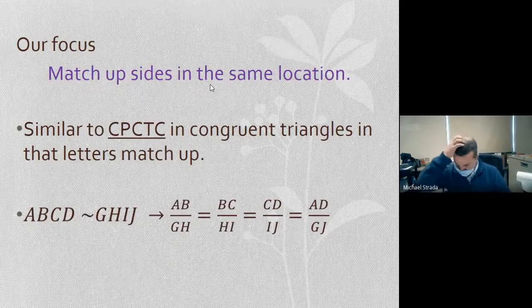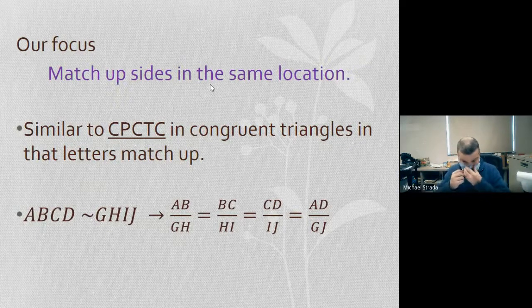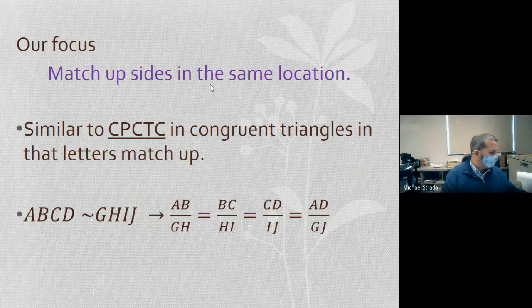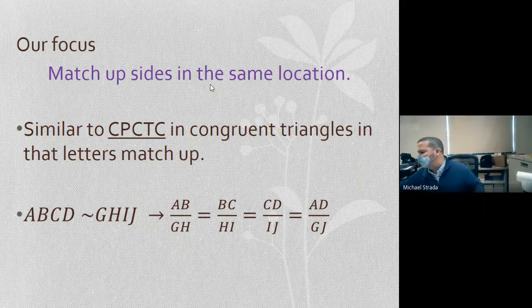So that's the formulaic definition. AB over GH equals BC over HI equals CD over IJ equals AD over GJ. So instead of using CPCTC to identify congruent sides, we are going to use it to identify proportional sides.